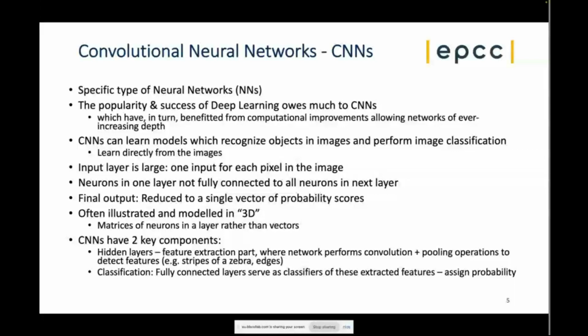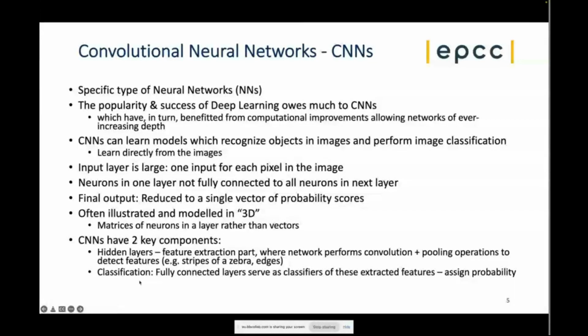So the CNNs have two key components: hidden layers, which do feature extraction automatically, and they do that with convolution and pooling operations, which I'll explain.